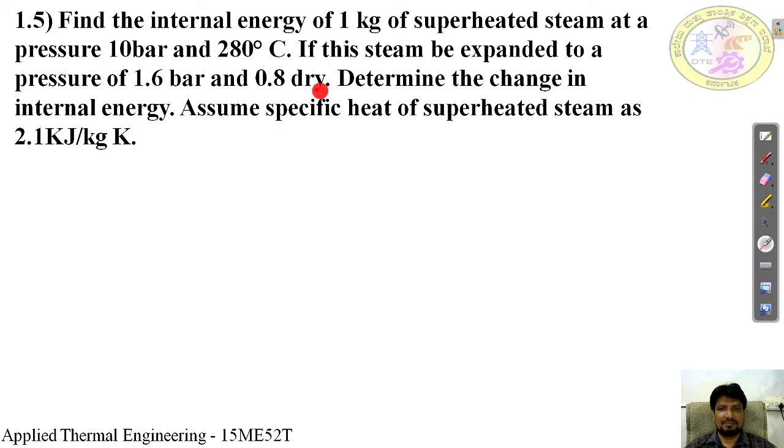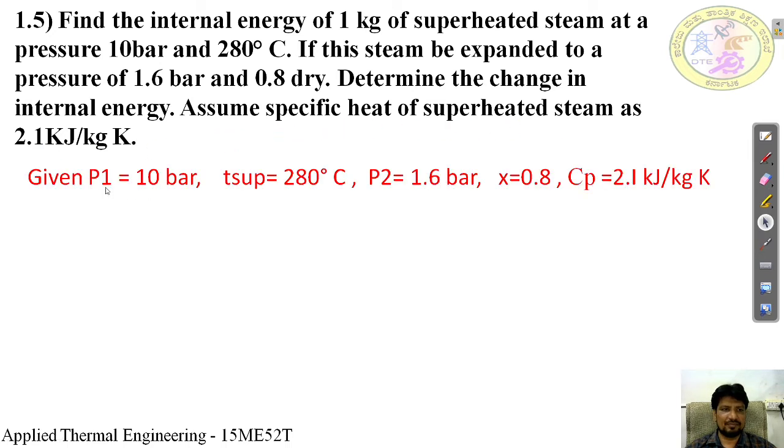If this steam is expanded to a pressure of 1.6 bar and 0.8 dry, determine the change in internal energy. Assume specific heat of superheated steam as 2.1 kilojoules per kg Kelvin. So this is the Cp value given, that is specific heat of superheated steam.